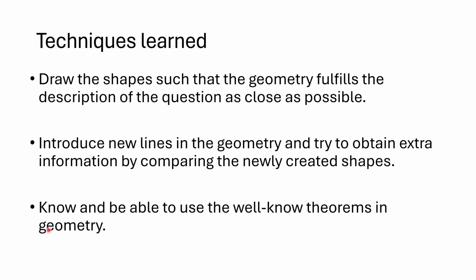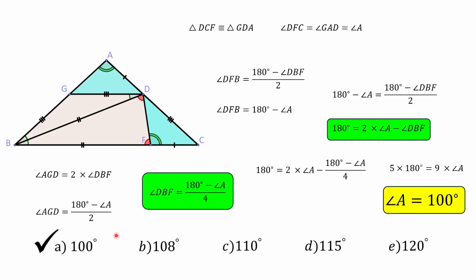And the final one is to know and be able to use well-known theorems in geometry. Why did I write this one here? Because we have to go back. I explained how we obtained that this angle is equal to this angle. We could also achieve this another way.